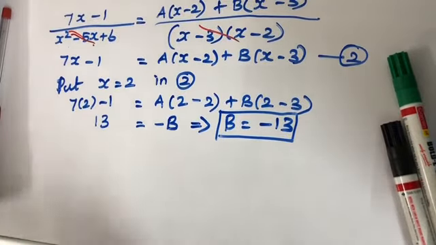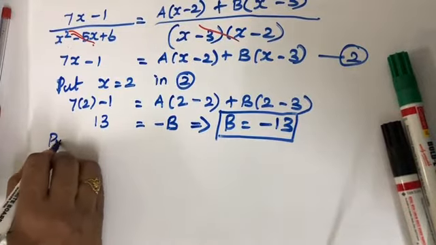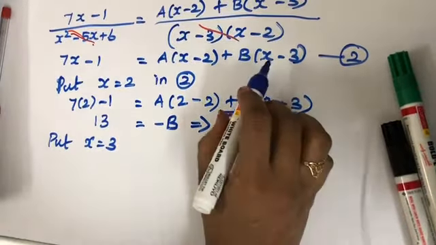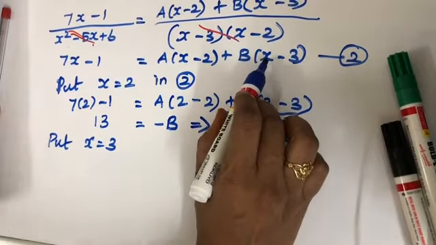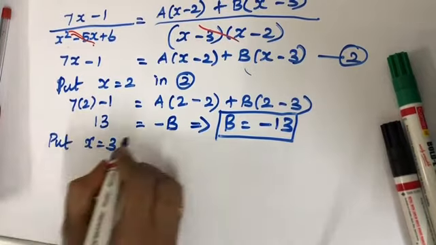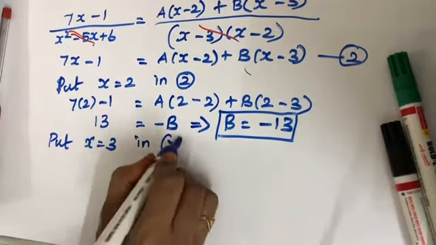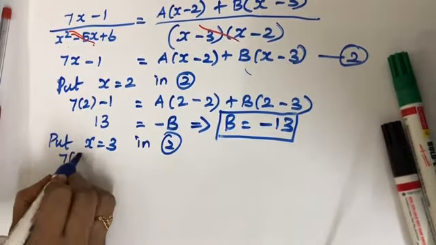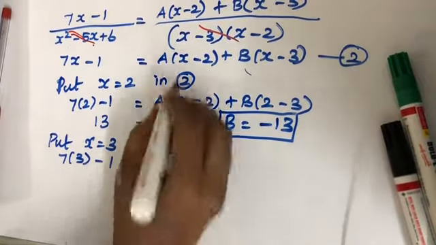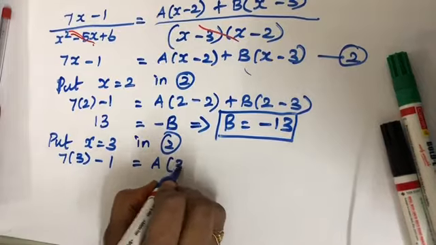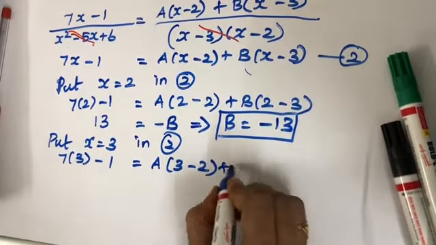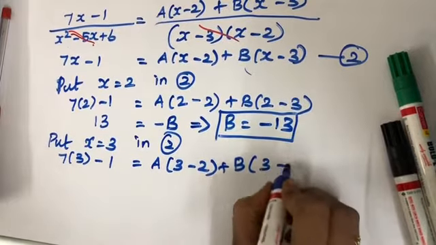Now, I am going to put x is equal to 3. Here x minus 3 is 0. If I substitute 3 for x, then this term will become 0 and I will get the value of A. So x is equal to 3, what do you get? 7 into 3 minus 1, LHS, is equal to A into 3 minus 2 plus B into 3 minus 3.